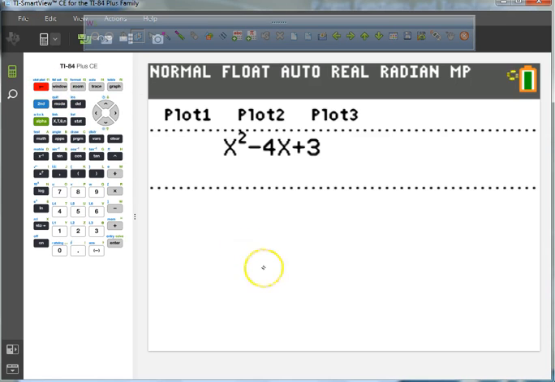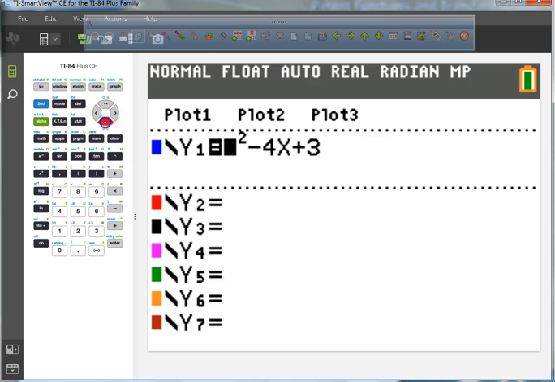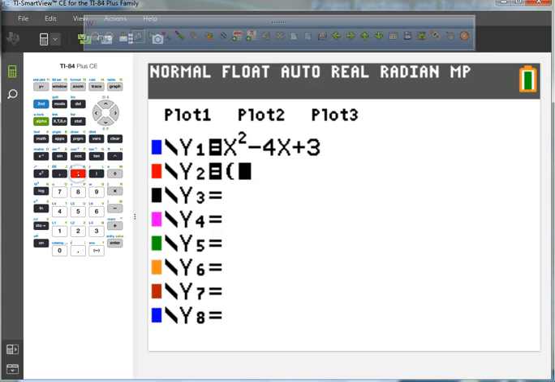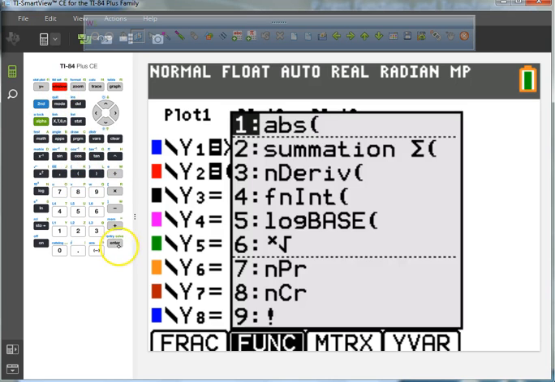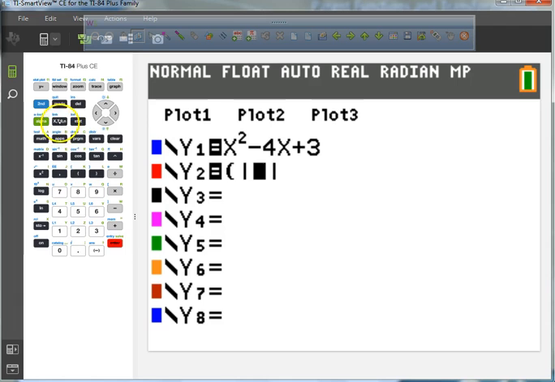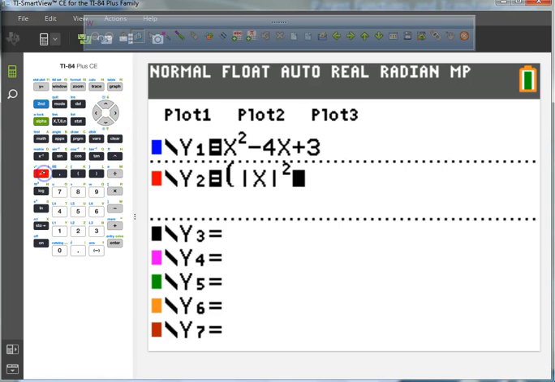So now we're getting y equals. We're going to go parentheses. We're going to do alpha window enter. I type in x. I'm going to square it, minus 4 times the absolute value of x, plus 3.